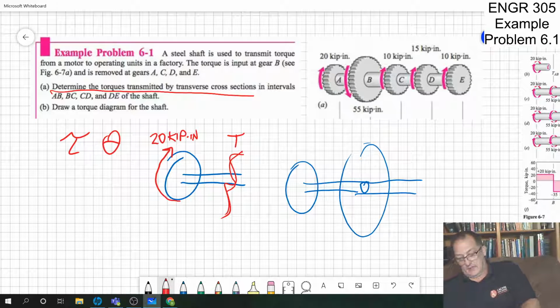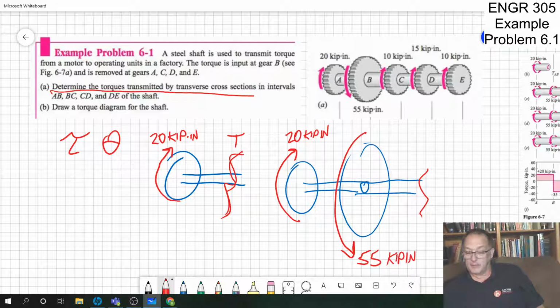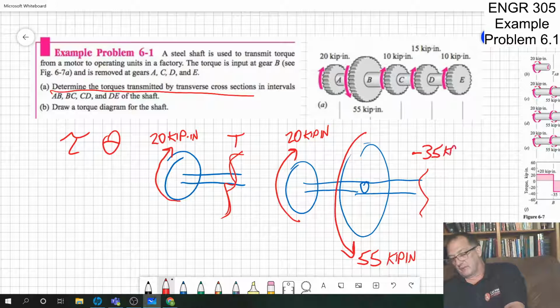Now, I cut it here, and I've got 20 and 55 kip inches. If I do the sum of that, and we could pick a sign convention or whatever, this is now a minus 35 kip inches at that interface.